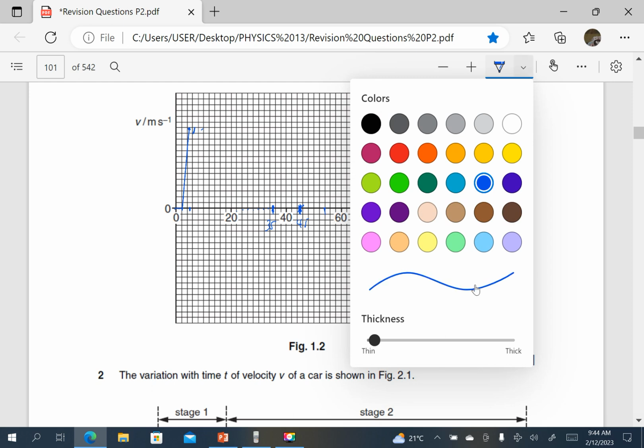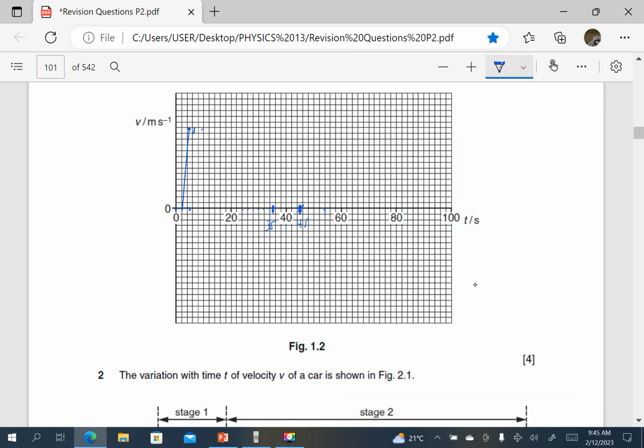Let me increase the weight. So I'll draw a horizontal line up to 35. There the velocity remains constant because we have a straight line for the displacement time graph.